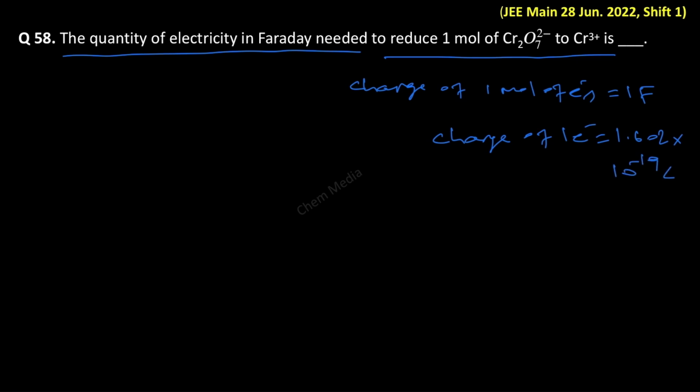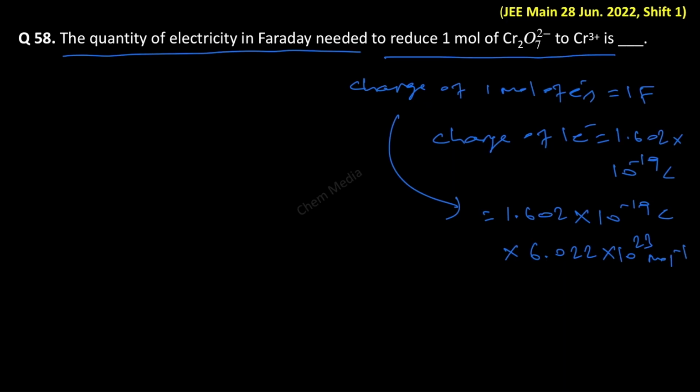So that value multiplied by Avogadro number is the charge of 1 mole of electrons. So charge of 1 mole of electrons is equal to 1.602 times 10 to the power minus 19 coulomb times Avogadro number, that is 6.022 times 10 to the power 23 per mole. This will be approximately 96,500 coulomb per mole, and that is what we call 1 Faraday.